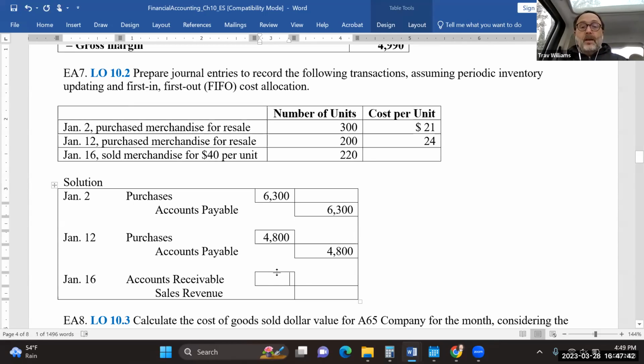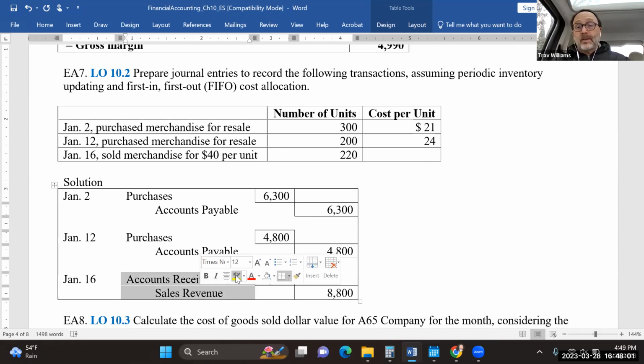But with the periodic method, again, we don't track our inventory cost at this time. So we don't record cost of goods sold. We don't reduce our merchandise inventory. We're going to do all that at the end of the period. So really, the sales transaction in periodic is very simple. It's just accounts receivable and sales, or cash if the customer paid cash.